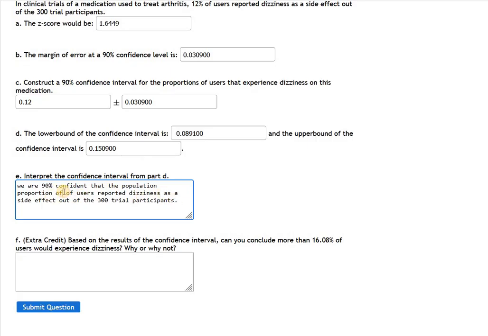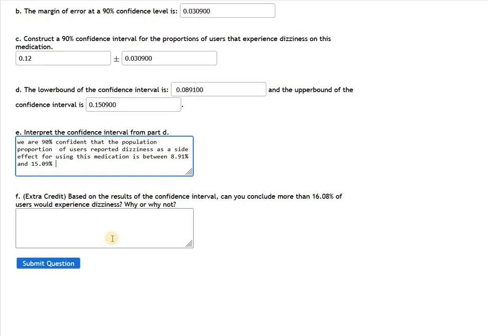So the population proportion of users reported dizziness as a side effect for using this medication is between the lower bound and the upper bound, and I can report it as percentages. I can say between 8.91% and 15.09%.